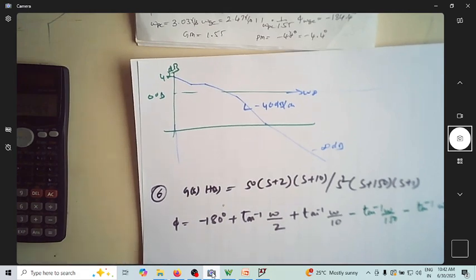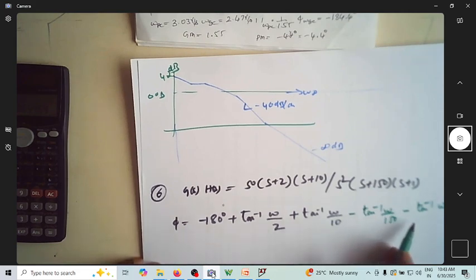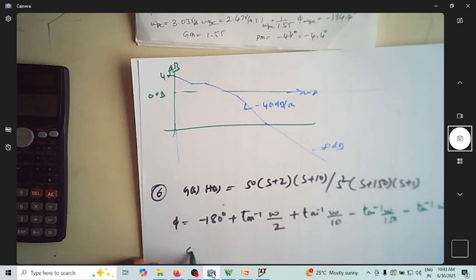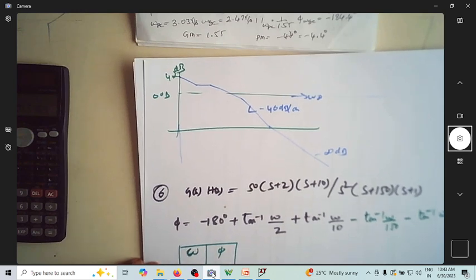Now, for different values of omega, how does the phase look? This is 0, this is infinity.